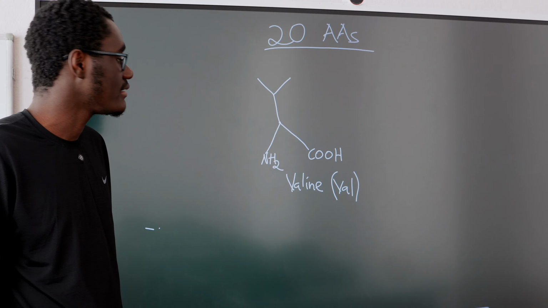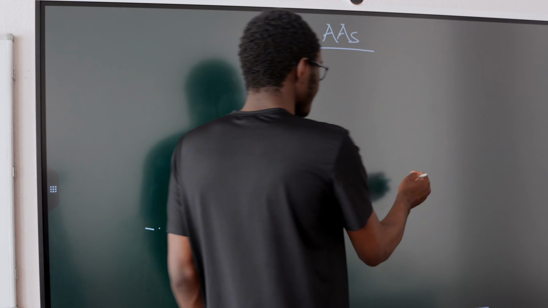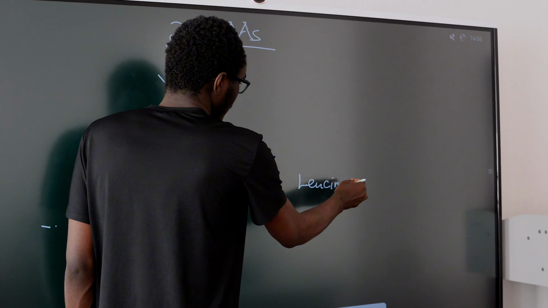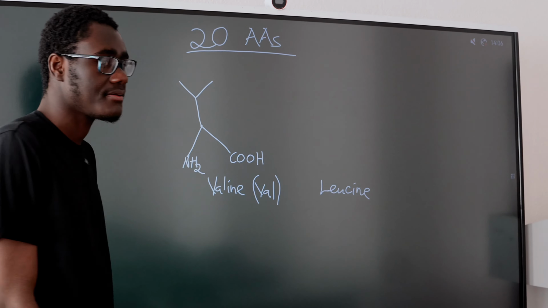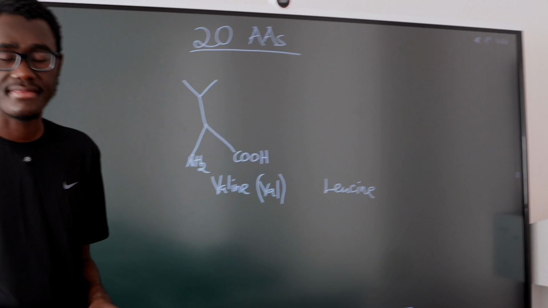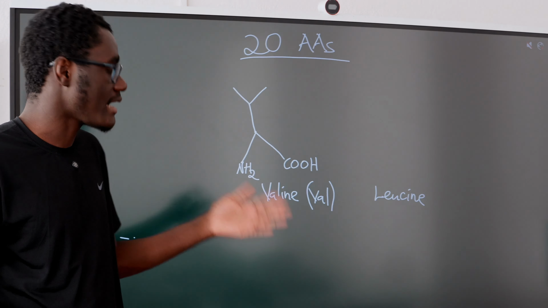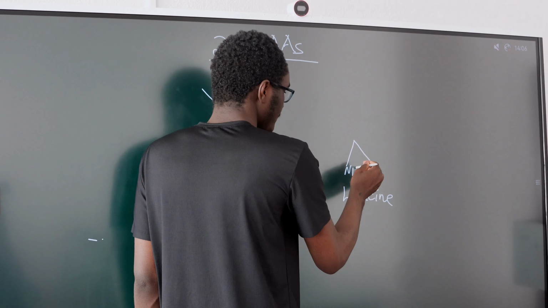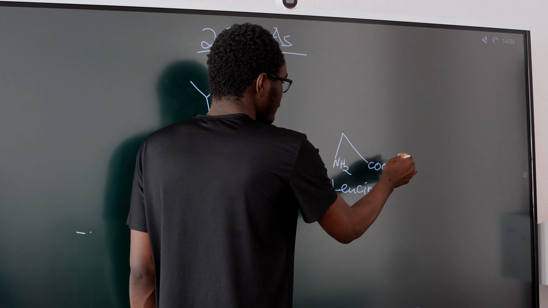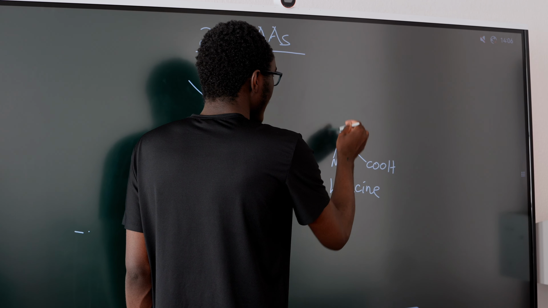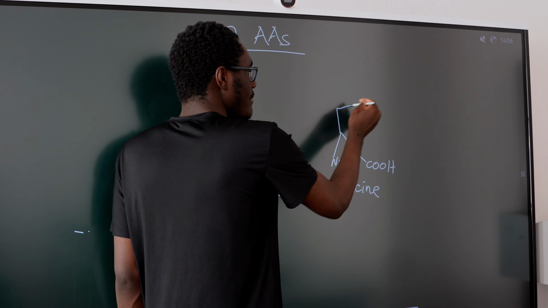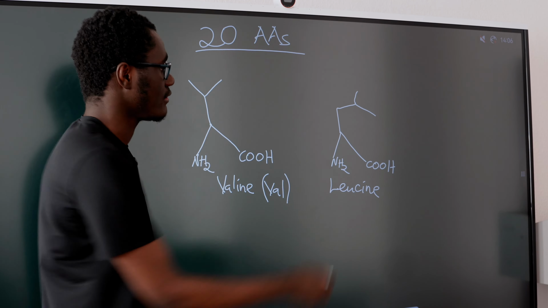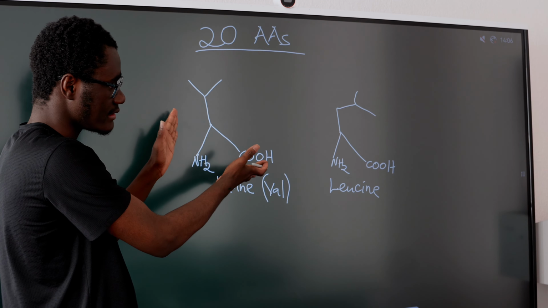Next amino acid is called leucine. Leucine is like valine, but with an extra methyl group or carbon. So it's like amino group, carboxylic acid group, and extra carbon before drawing the V. So normally valine is like this.